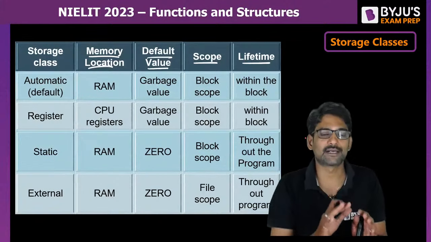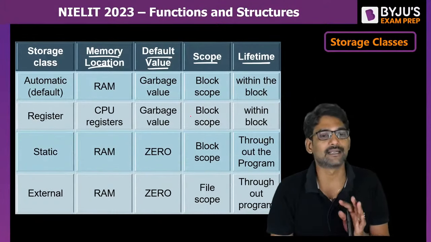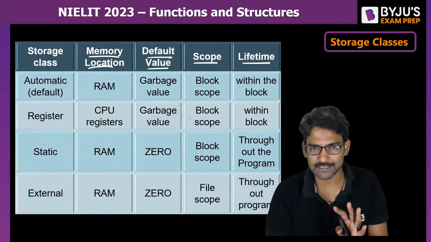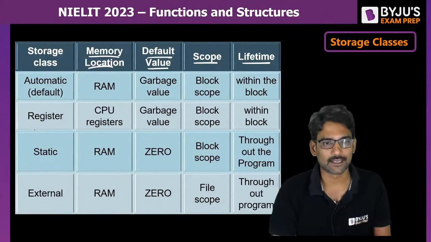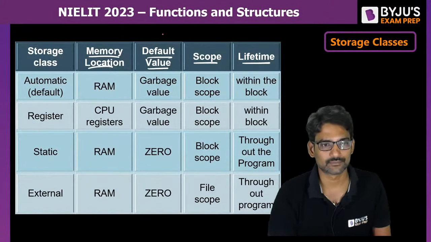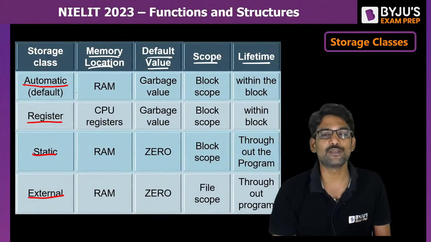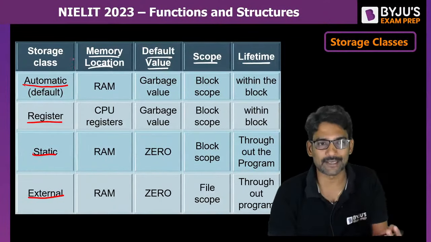These 4 are defined by storage class, and there are 4 storage classes in the C language. They are automatic, register, static, external.